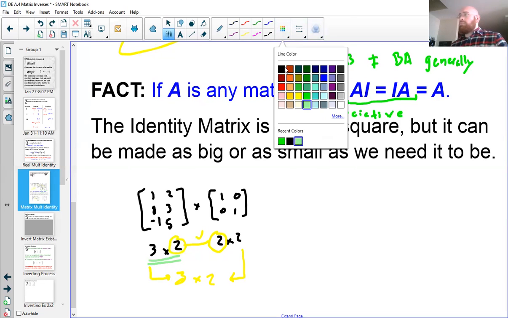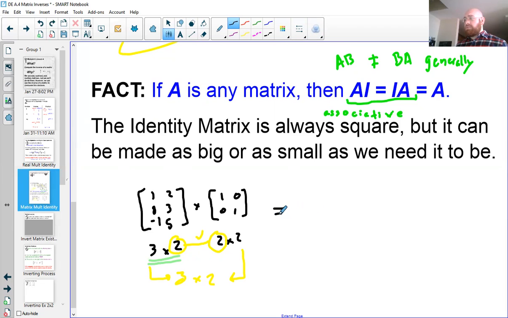So we can multiply this out. I encourage you to pause the video and practice. I'm going to shift this around a bit. So we have 1, 2, 8, 3, -1, 5. And then our identity matrix gets moved up. So we have 1, 0, 0, 1.